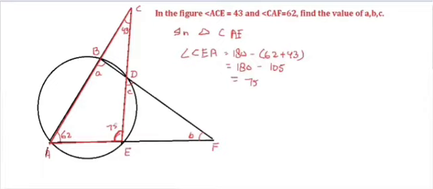So if this is 75, now we can find out angle A, because here you can see ABDE is a cyclic quadrilateral.